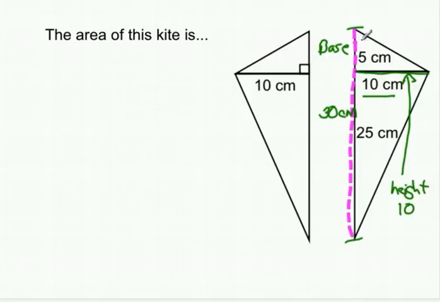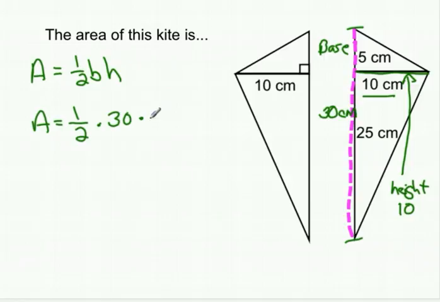And sometimes it's good to just orient yourself so you know what you're looking at. And then all we have to do now is, we have two triangles, so we just find the area of one triangle. And when we do that, of course, we're going to use our formula of 1/2 times base times height. And so we'll plug in our measurements, and we will have 1/2 the base, which is 30, times the height, which is 10.